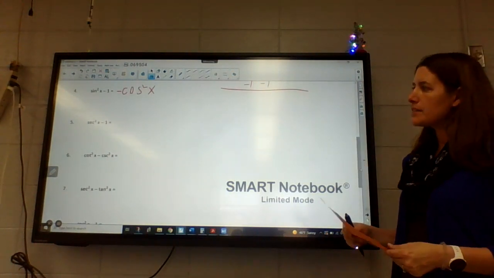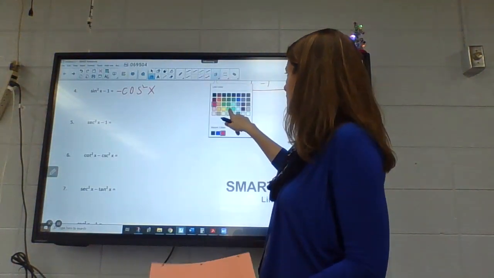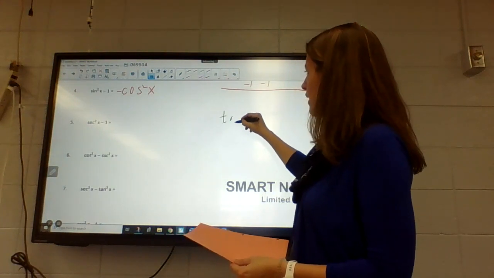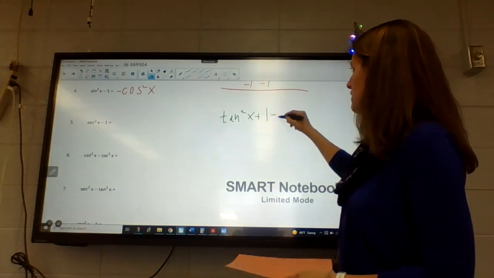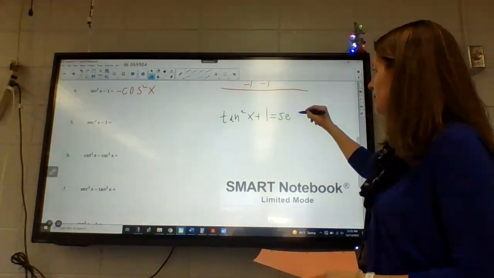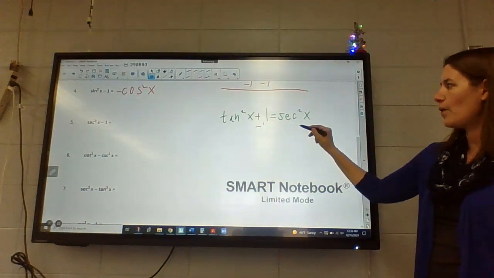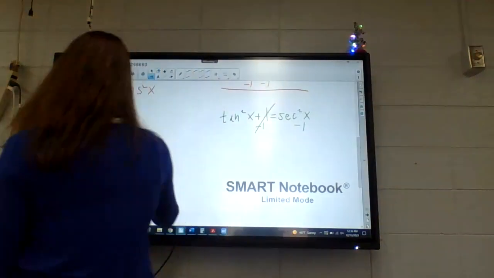So secant squared minus 1, I have to look at the next formula down. So it's tangent squared x plus 1 equals the secant squared. If I want this to match, I'm going to move this negative 1 over, so it just ends up being tangent squared.